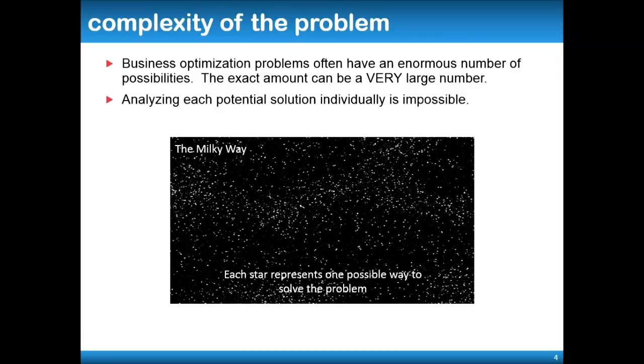When it comes to the complexity of the problem, I use the analogy of the Milky Way, again, sort of a way to get across how many possible solutions or how complex these kind of problems can be. Kind of thought about each star out there as one possible solution to the marketing optimization problem.